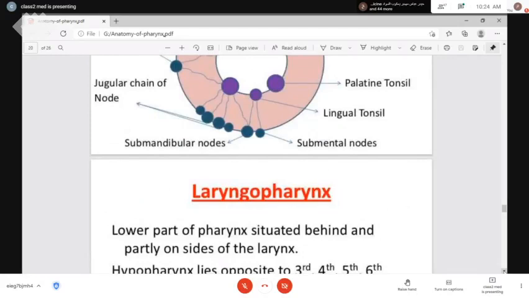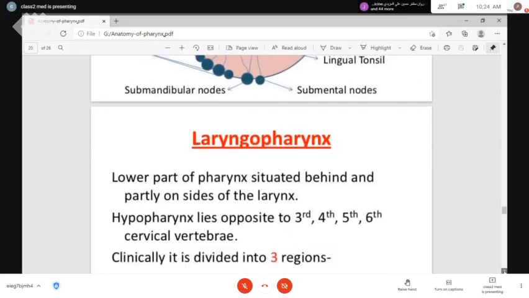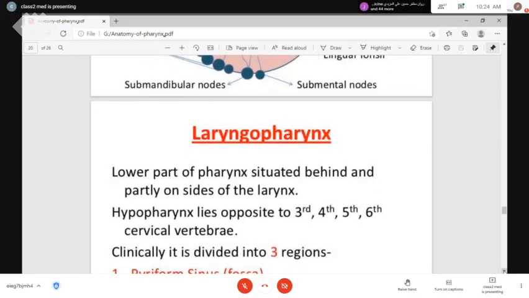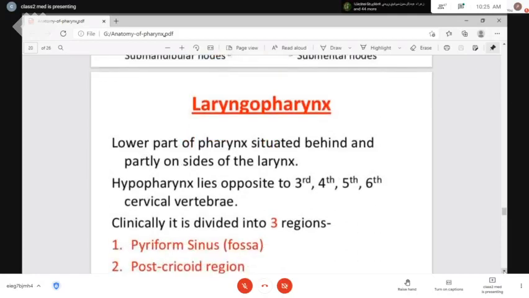The third part is called the laryngopharynx, or hypopharynx, which is the lower part of the pharynx, situated behind and partly on the sides of the larynx. It lies opposite the third, fourth, fifth, and sixth cervical vertebrae.